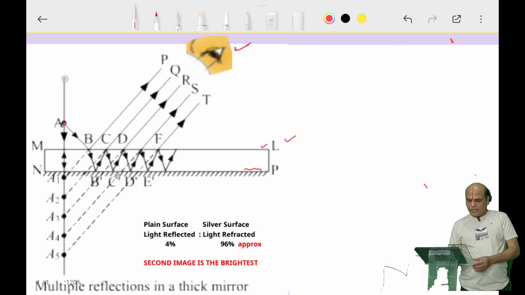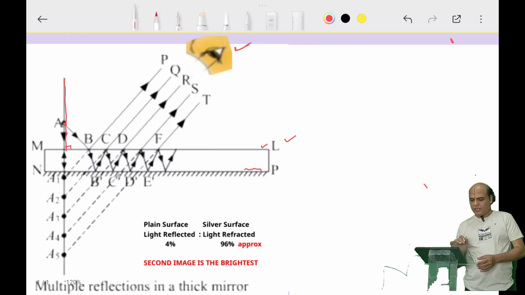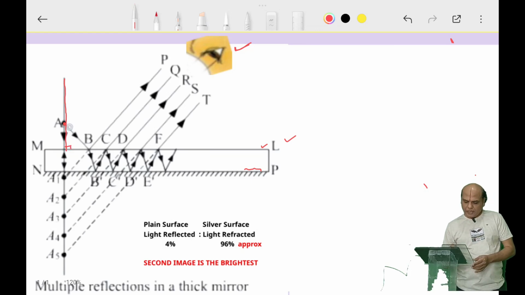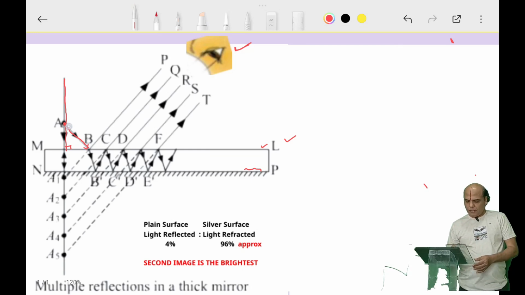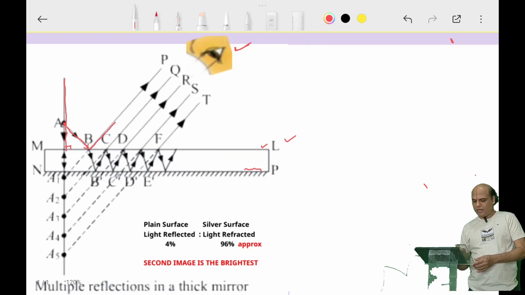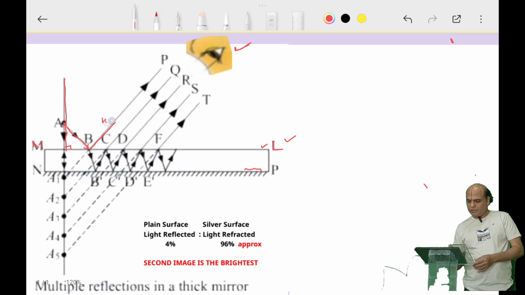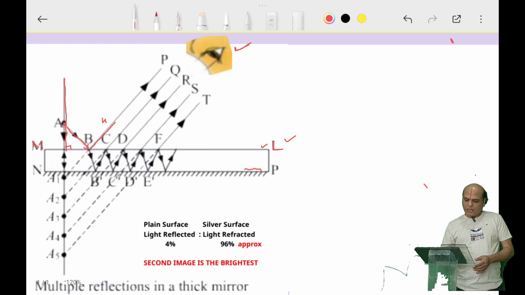Consider a light ray falling along the line perpendicular to this reflecting surface, and another light ray along AB which is oblique to the surface. This AB is the incident ray. A portion of it, around 4%, is reflected from the surface ML along the line BP.